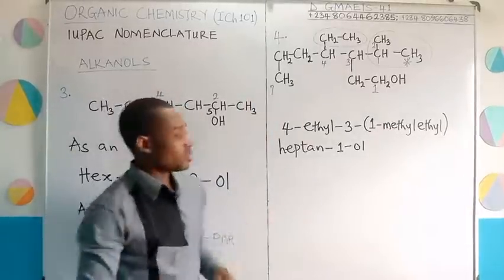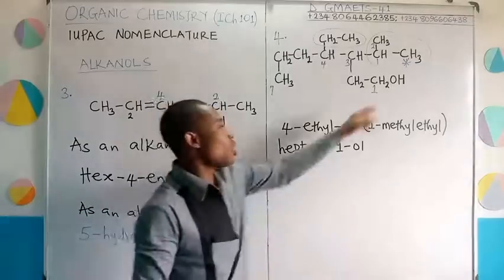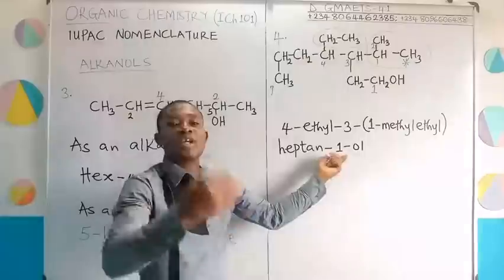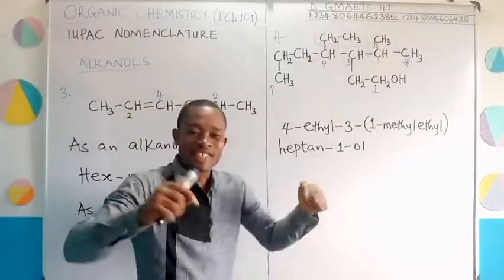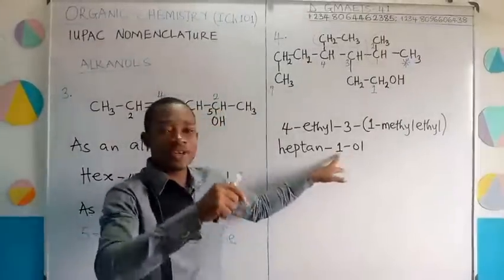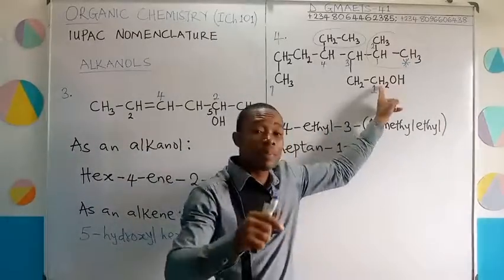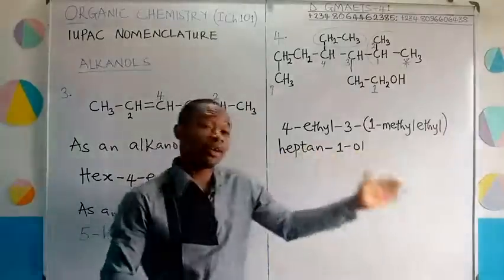Now, let me quickly say this. Some people reason that because the OH here is on carbon number 1, we may decide not to put 1-ol. We can simply say heptanol instead of indicating the carbon atom bearing that functional group OH, because the OH is on carbon number 1. So we now have something like heptanol.